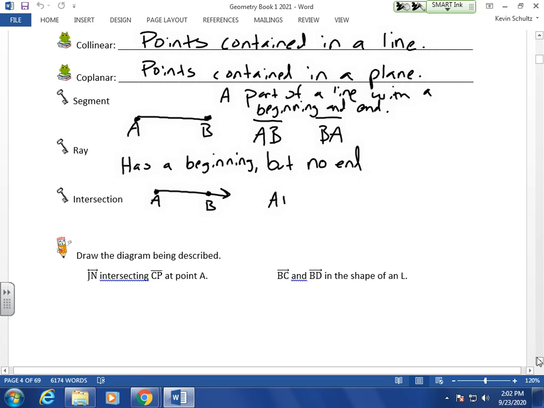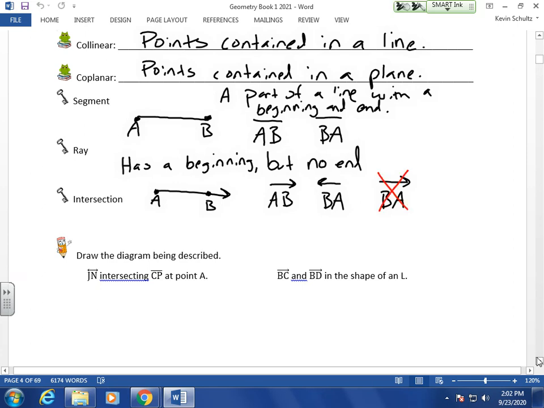This notation would be ray AB, with just one arrow. Starts at A, passes through B. We could also write it like this. That is also showing it starts at point A and continues through B. We would not want to write it like this, however, because that shows it's starting at point B and continuing through point A, which is not what's happening.